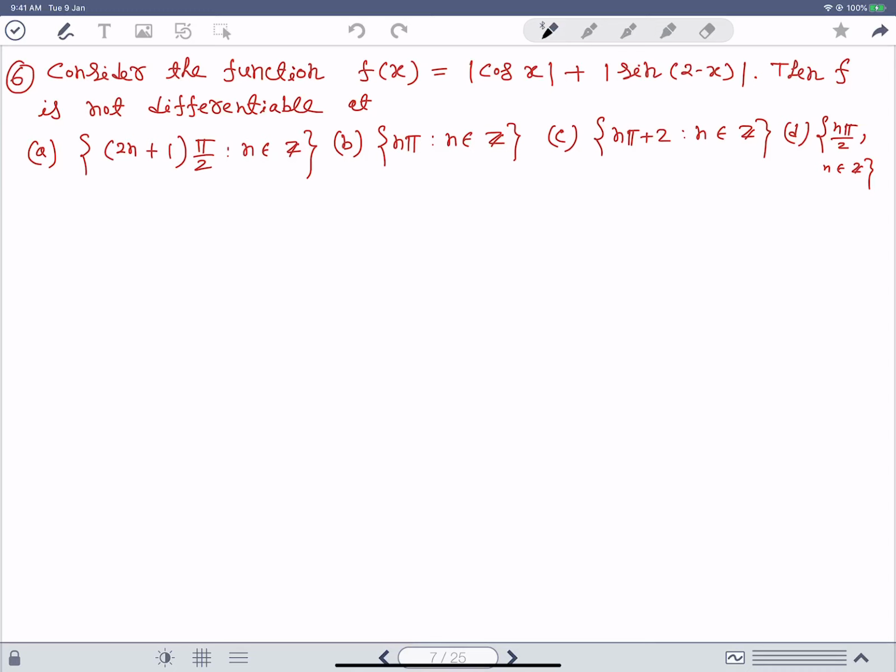Okay. So, whenever you have this kind of function, just remember where we are facing problems. We are facing problems when you have cos x and sin x. So, what is the graph of cos x or sin x?